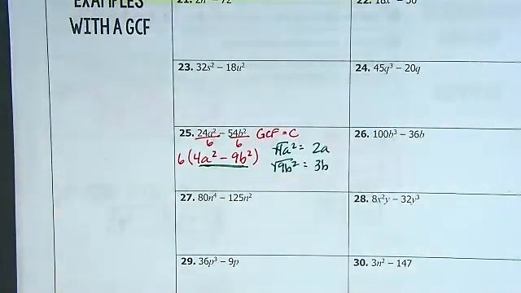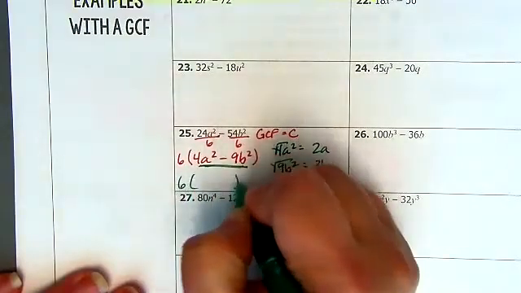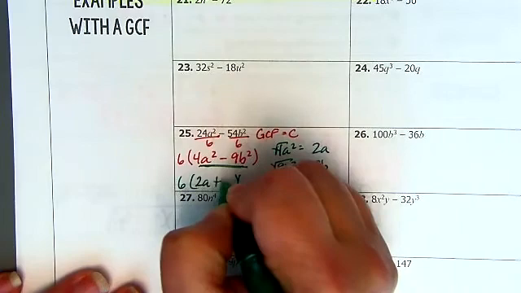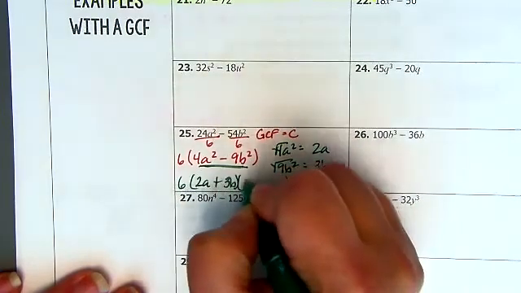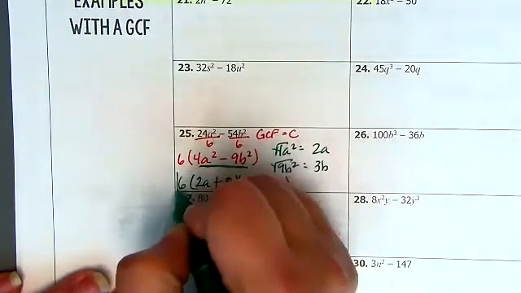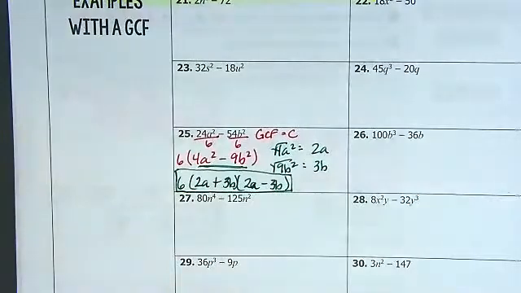So yeah, those are perfect squares. It's subtraction. So therefore, my final answer is going to be 6 times 2a plus 3b, 2a minus 3b. This is your final factored form, and you always have to factor it all the way down.